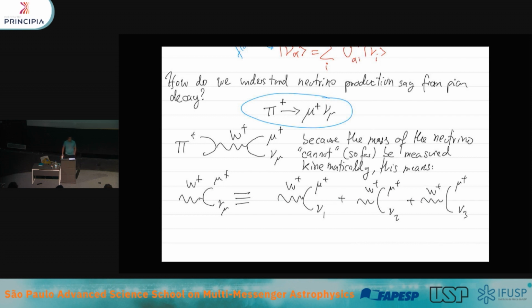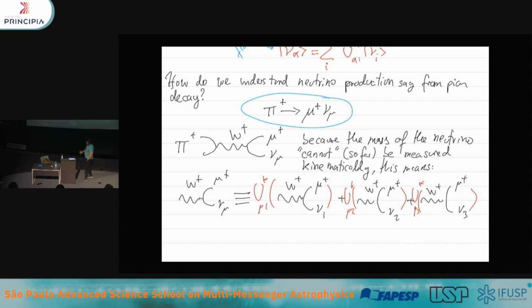And so I just cannot differentiate between any of those. And the relative amplitudes of these processes are going to be given by mixing elements. So these diagrams are weighted by, for example, U star mu1, U star mu2, and U star mu3. Okay? So that's what we mean when we produce a muon neutrino from a pion decay.